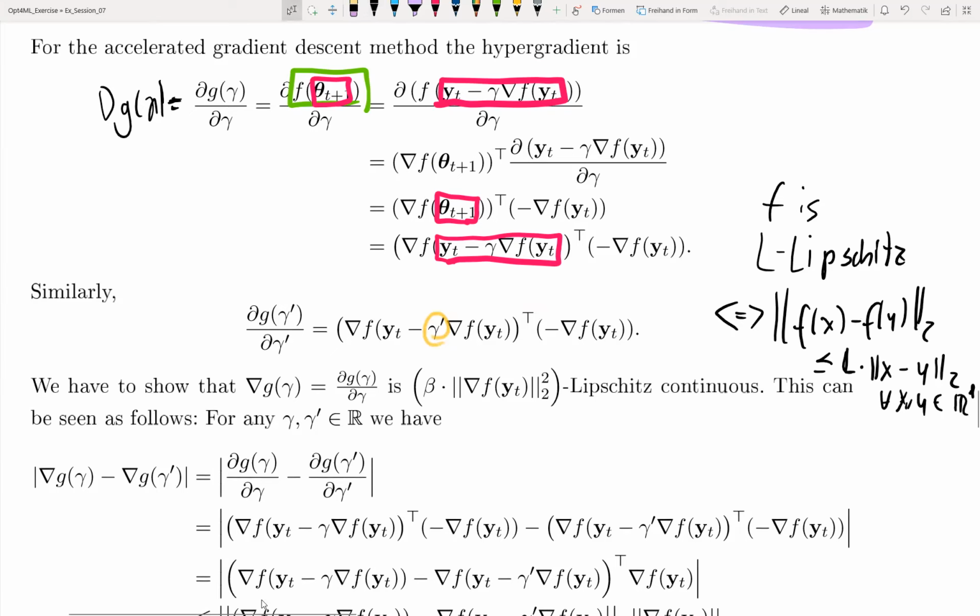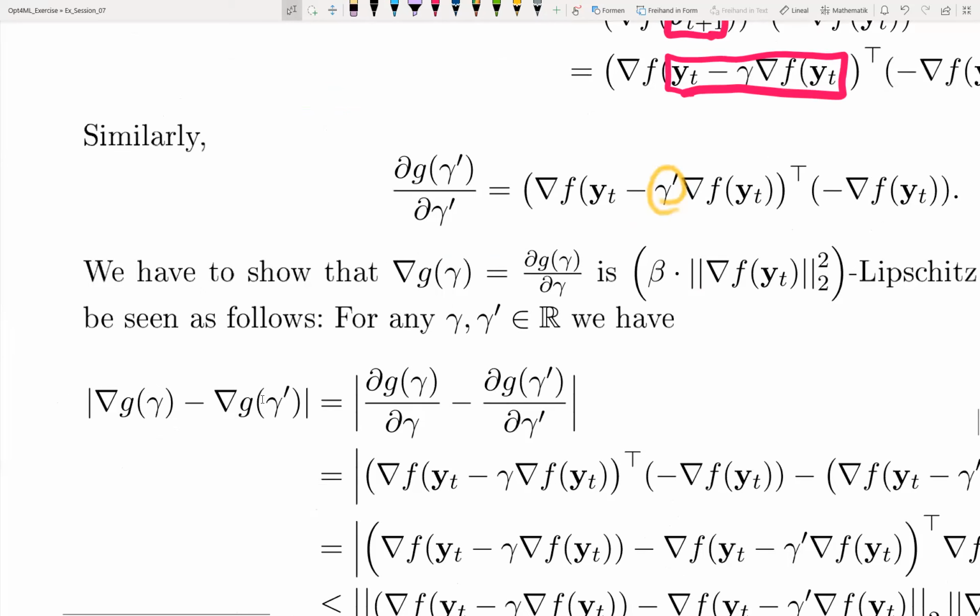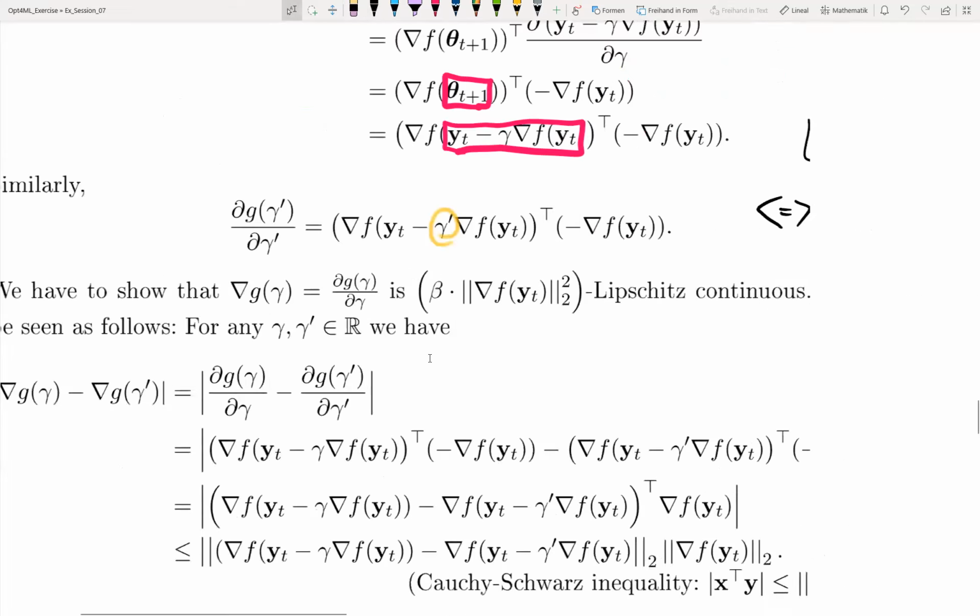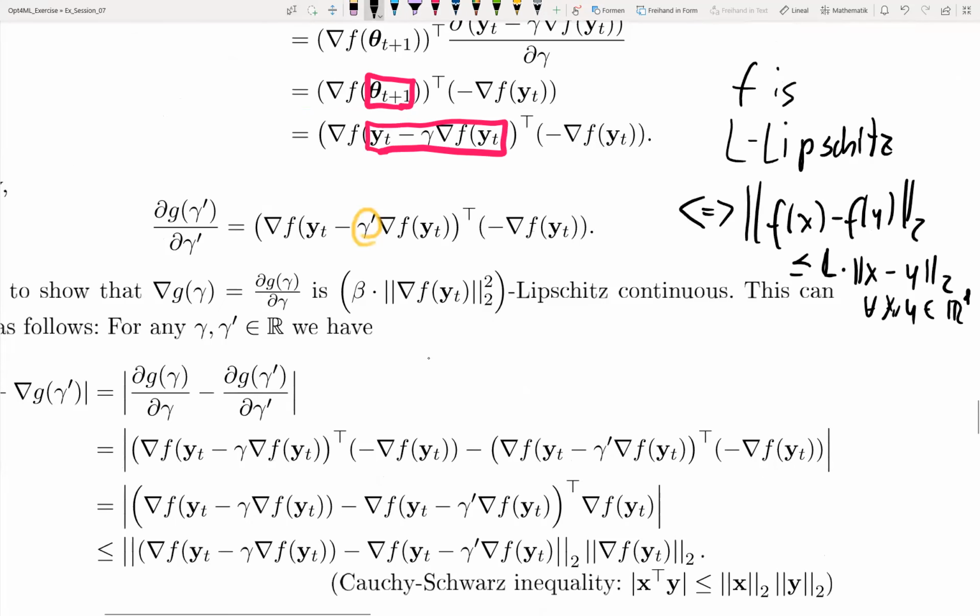Now substituting the F with the hypergradient, which is nothing else than the gradient of this function g, for two different values, for some arbitrary two different values, which are real valued numbers. This is the input. There we have to show that we get at the end a similar inequality as here, where this L here is exactly this constant.